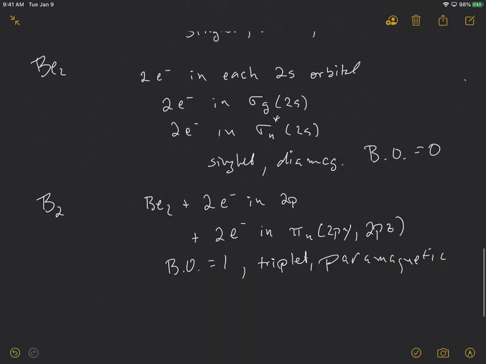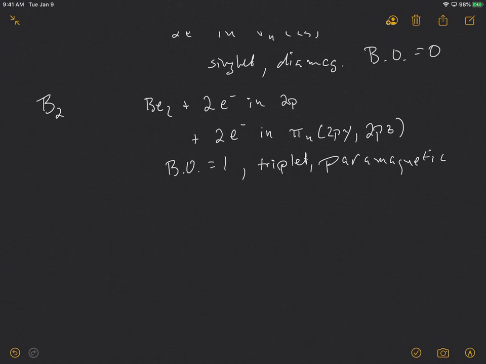Now let's move on from boron to carbon. That's going to have 4 electrons in pi u.